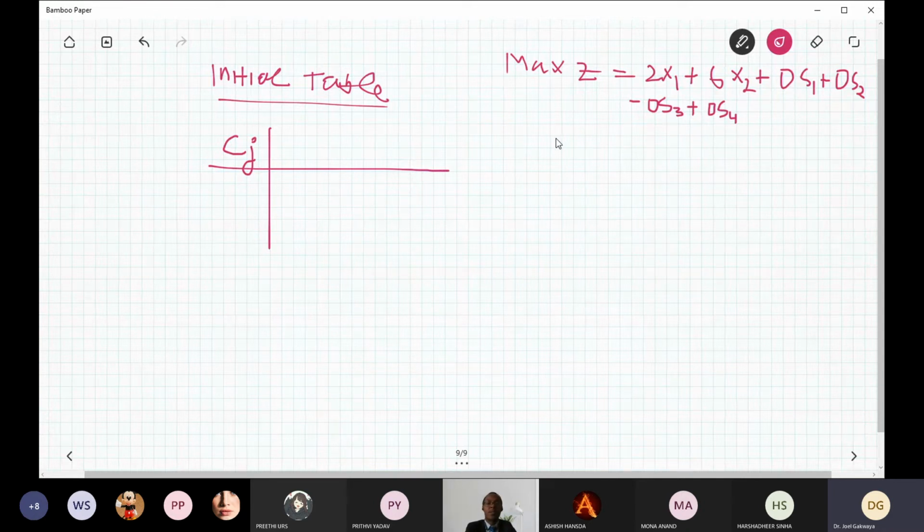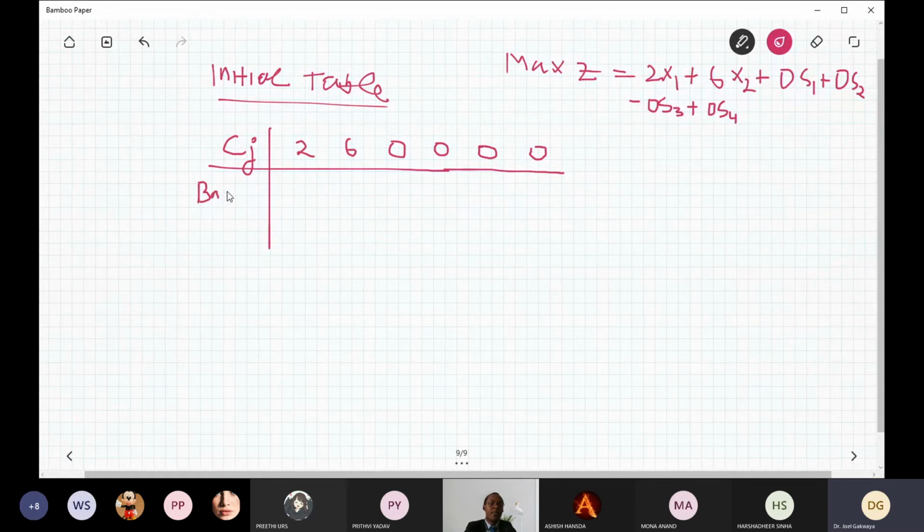Here we have 2, 6, 0, 0, and 0, four zeros, because we have 4 constraints. Next, we have the basis.